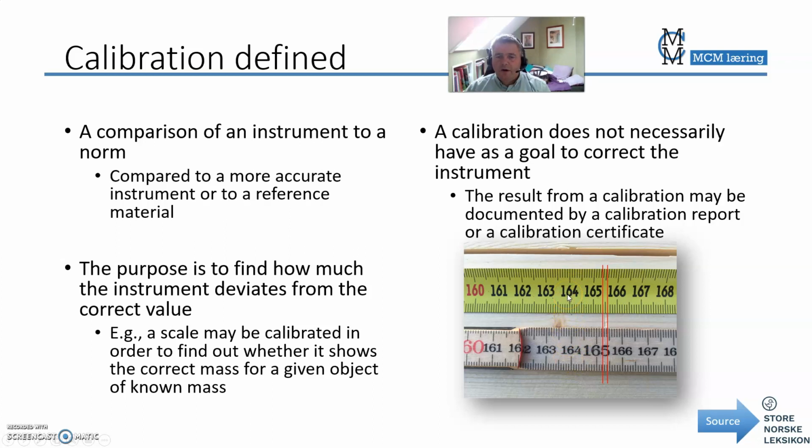And if you're aware that one is 2 millimeters shorter than the other, and you know, for example, that the upper one here is the accurate one, well, then you know that when you come to a full scale of, say, 2 meters, you should probably add at least 2 millimeters to your measure. But you can only find that out if you perform a calibration procedure.